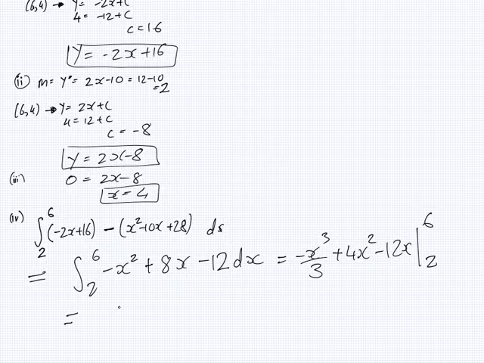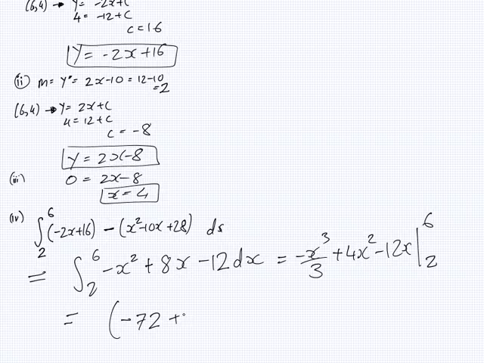So first I put in 6. Minus 6 cubed. 6 times 6 is 36. Times 6 again. What's that? 216 over 3. Minus 72. 6 squared is 36.